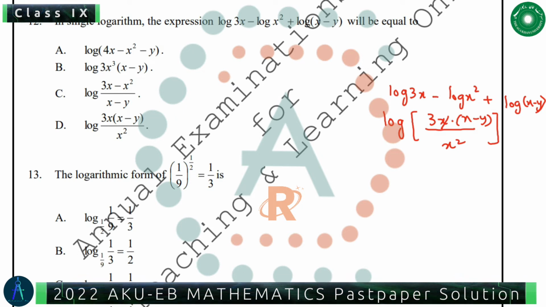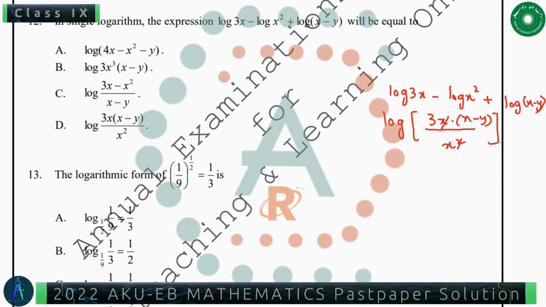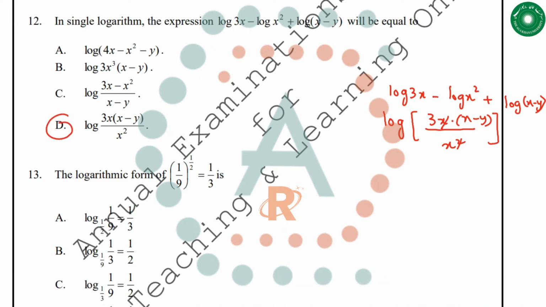So the x and x will be cancelled out. So the correct answer for question number 12 will be option D, 3x into x minus y over x square. So option D is the right answer.